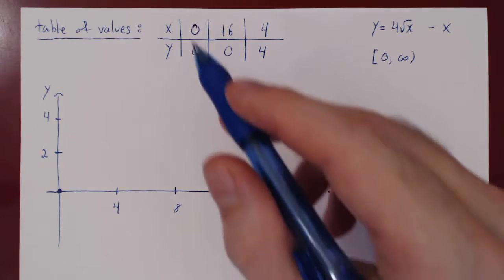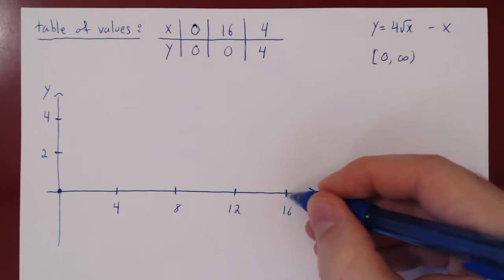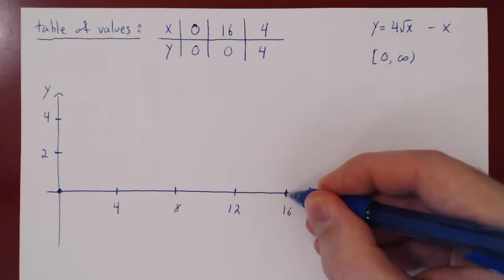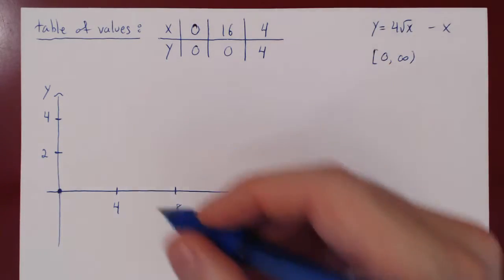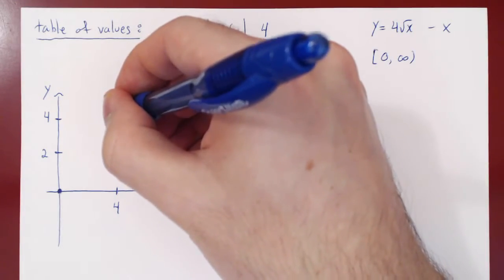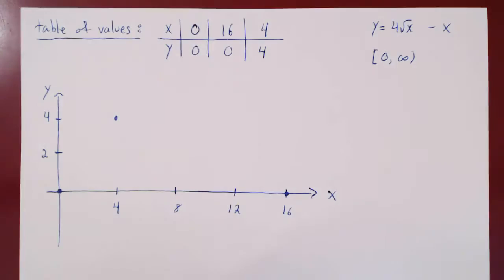All right, so the first point of interest was 0, 0. The other point was 16, 0. So our 2 zeros, and the point 4, 4. So we have our 3 points of interest in the Cartesian plane. As always, we handle the critical points that we have classified.